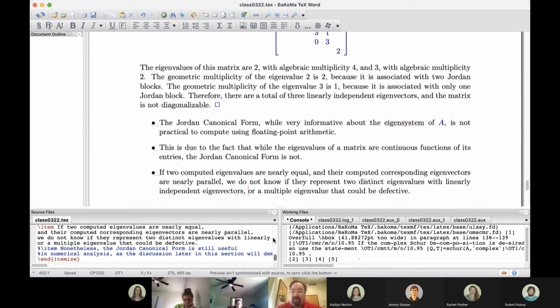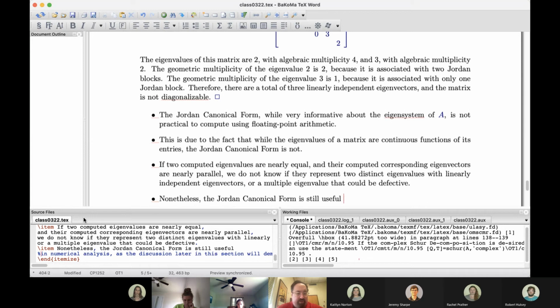So anytime you're trying to compute some function of a matrix that is not a continuous function of the entries, it's folly to try to compute it, because you can't really trust your answer.